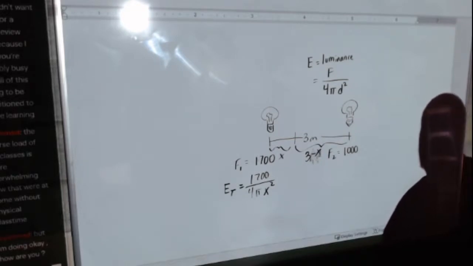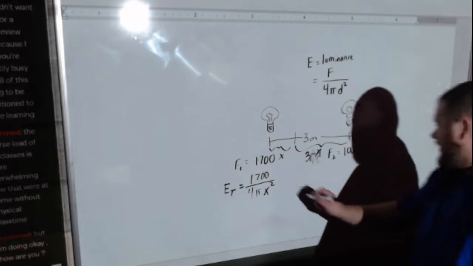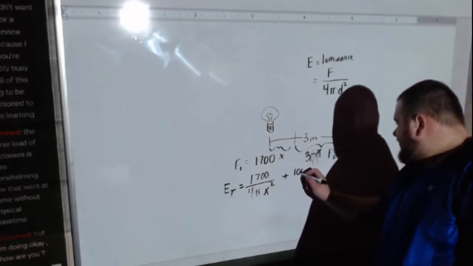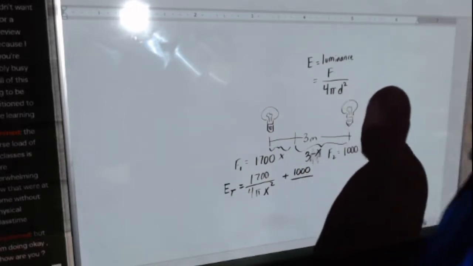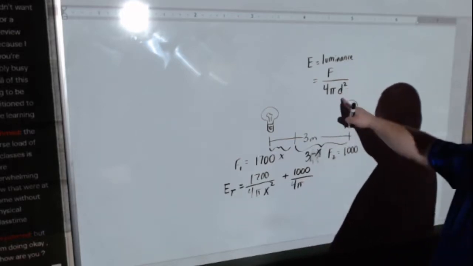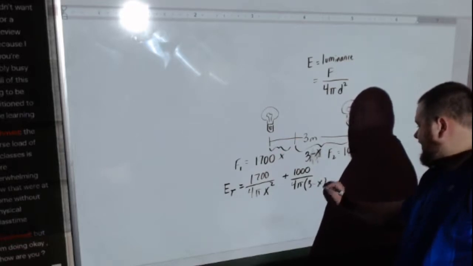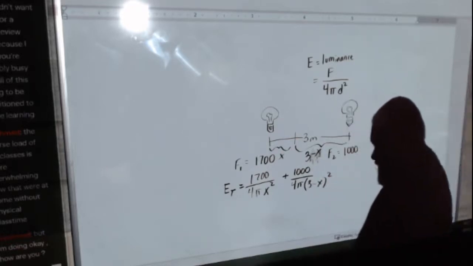Then the second part would be plus 1000 over 4 pi, and the distance for this one is 3 minus x quantity squared.